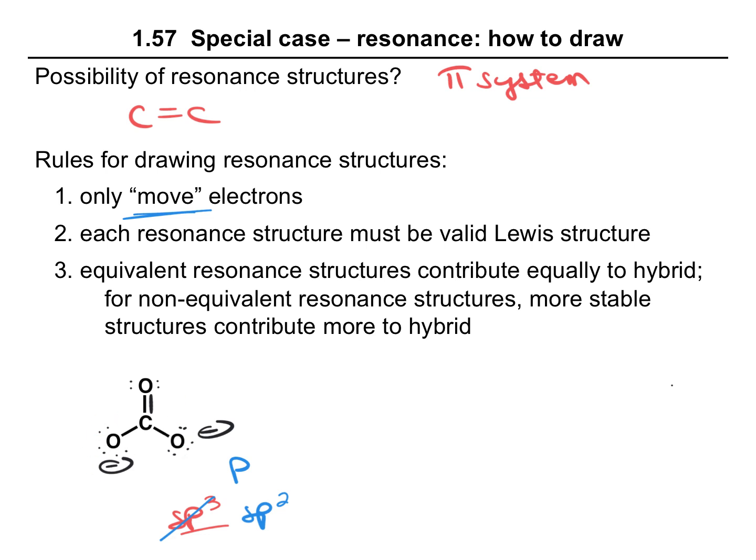Now, for this one in particular, because we are starting out with lone pairs and a negative charge, as we're trying to draw additional resonance structures, it's helpful to start with one of these lone pairs and then imagine these electrons are moving away. Now, we also just talked about using curved arrows to represent the movement of electrons. So if we are moving a pair of electrons, it would look like this.